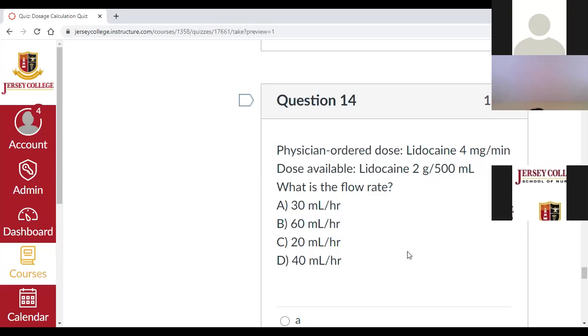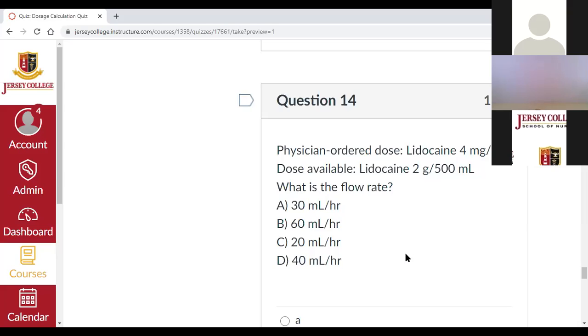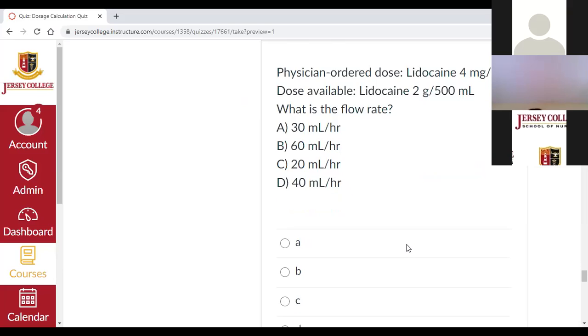Correct. Times 500, right? Yes. And what'd you get? 60. Okay. 60 mLs per hour.